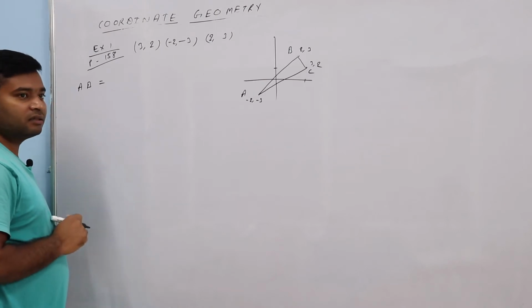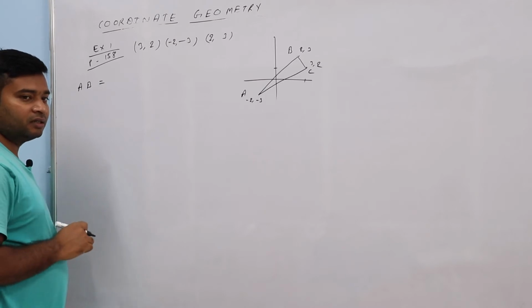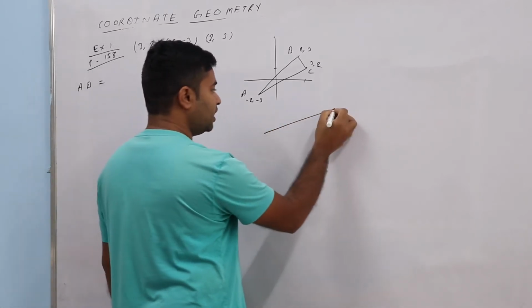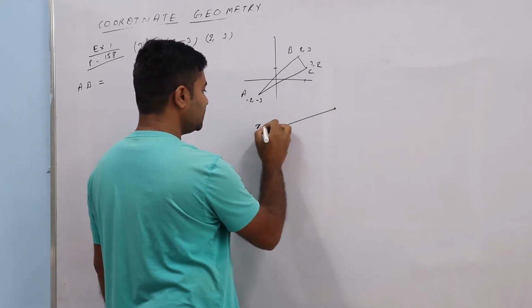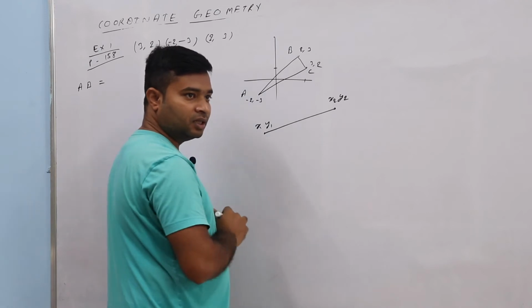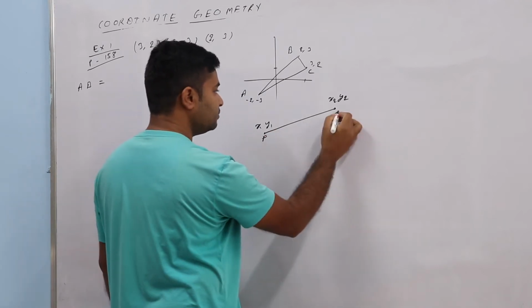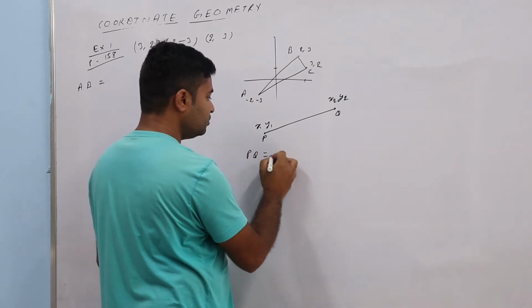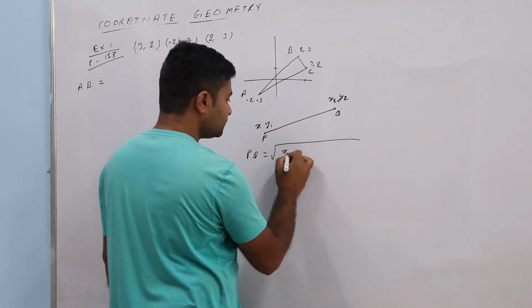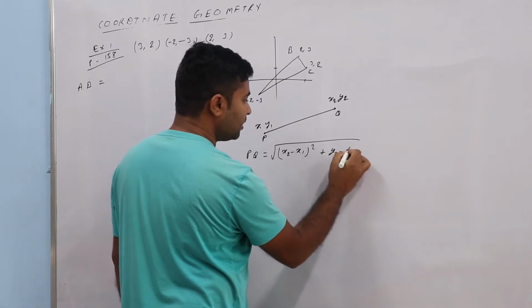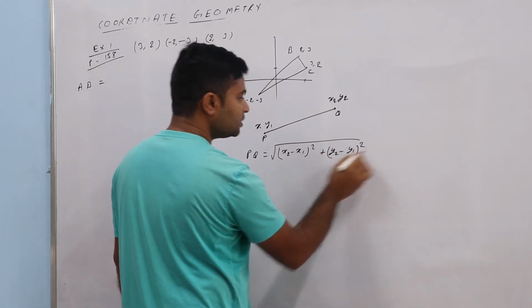How to find distance? See the formula I gave yesterday. I told you if 2 points are there, (x1, y1) and (x2, y2), then the distance PQ is equal to root over (x2 minus x1) square plus (y2 minus y1) square.